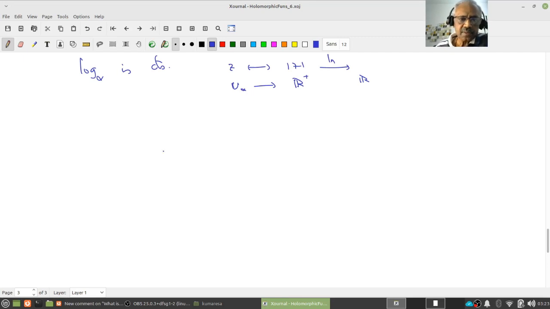So let me start with the set. Let me say what is the set. Let me say it's H alpha, to be all complex numbers z in C, such that if z equals x plus I y, the imaginary part satisfies alpha less than y less than alpha plus 2 pi.